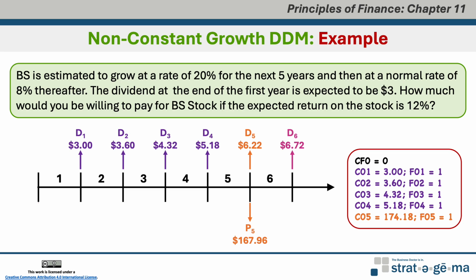And C05 is the horizon cash flow, which includes the dividend of 6.22 plus the price of the stock based on the constant growth rate of 167.96. So those add up to a total of 174.18. That happens once. Press NPV, enter 12% for your interest rate, press the down arrow, compute NPV: 110.75, which is the same as doing it the long way.